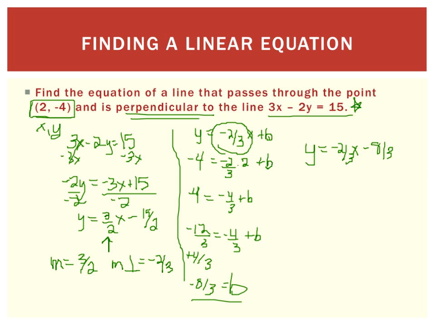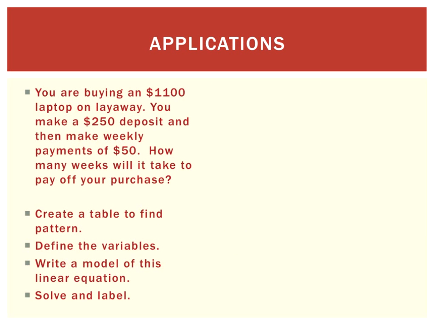Good. Well, I want to look at an application problem before we're done today. So let's say that we're buying a laptop on layaway, and the laptop originally cost $1,100. I deposit $250, and then I decide I'm going to make weekly payments of $50. What I want to know is how many weeks it's going to take me to pay off my purchase.